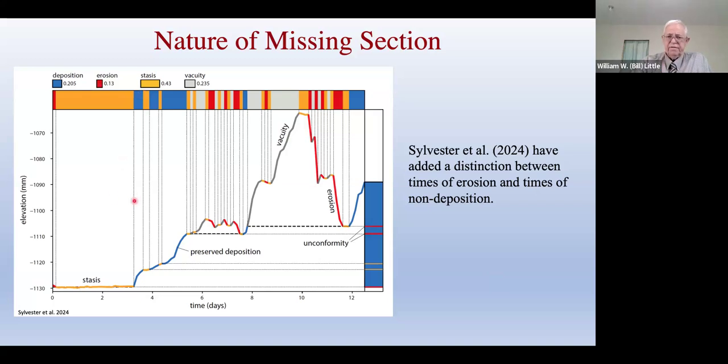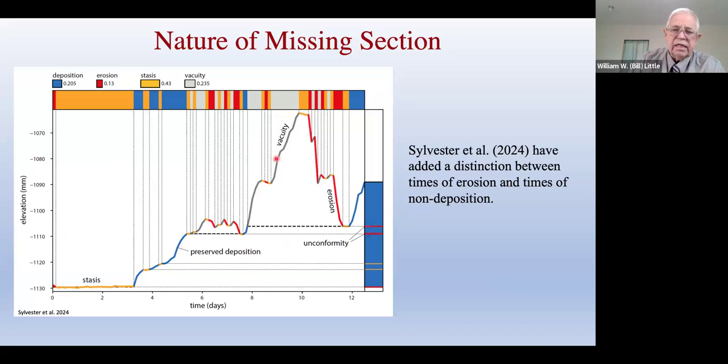In developing a Barrell-like curve, he's trying to indicate times when there was no deposition. There's deposition that is preserved, and then the red is where erosion has taken place. This term vacuity actually comes from Barrell, and Sylvester is using it again. That is the part of the stratigraphic section that has been removed by the erosion.